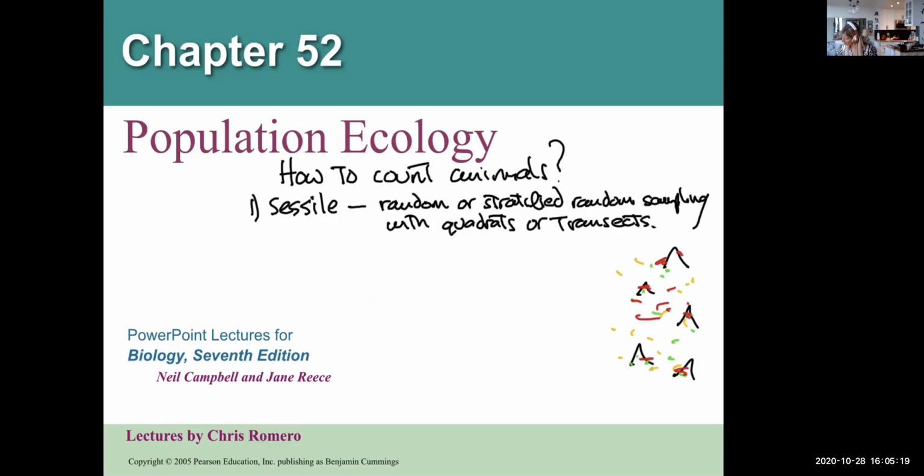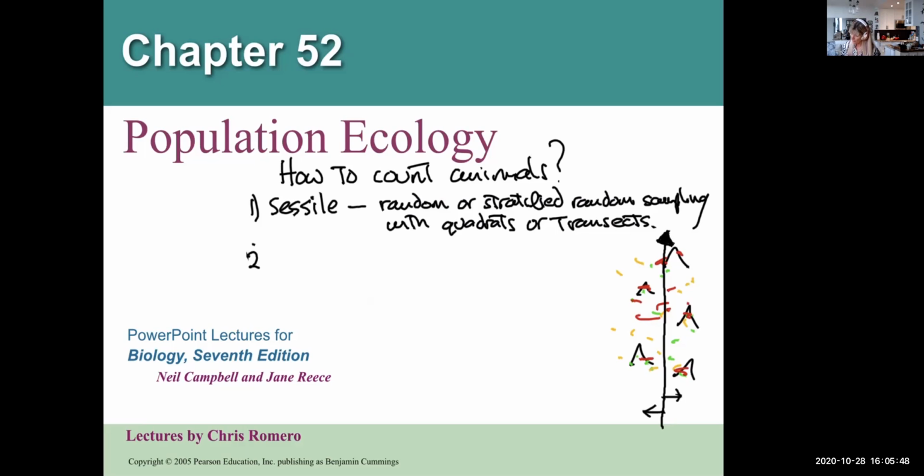What you could do is get a transect line, you know, and you could count to a meter on both sides. So that would be a transect.